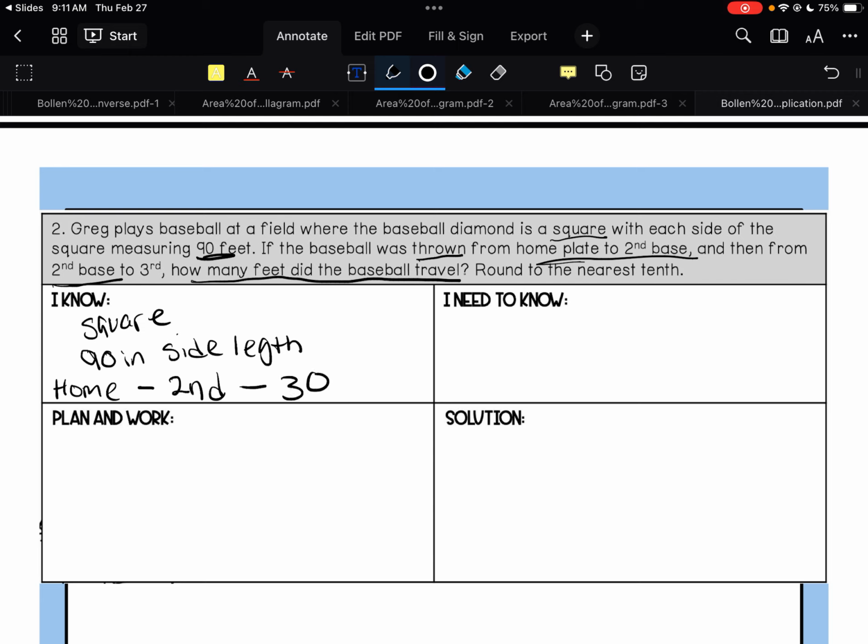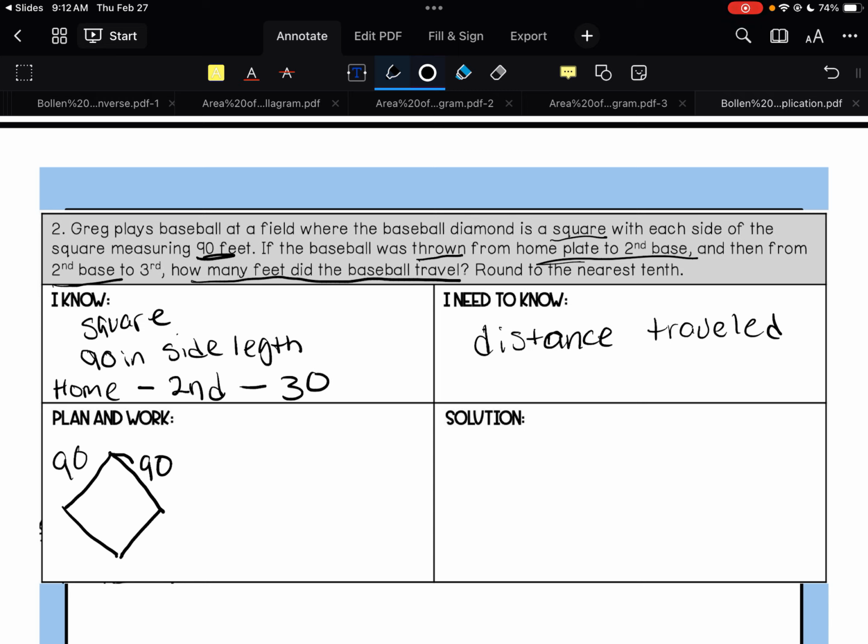So we've got to add up the distance from home to second plus second to third. So what we need to know is the distance the baseball traveled. The distance traveled. So again, I find it best to always draw a picture. I know that each side is going to be 90.